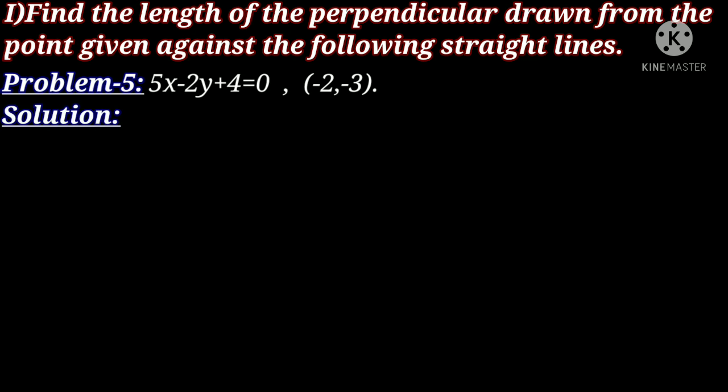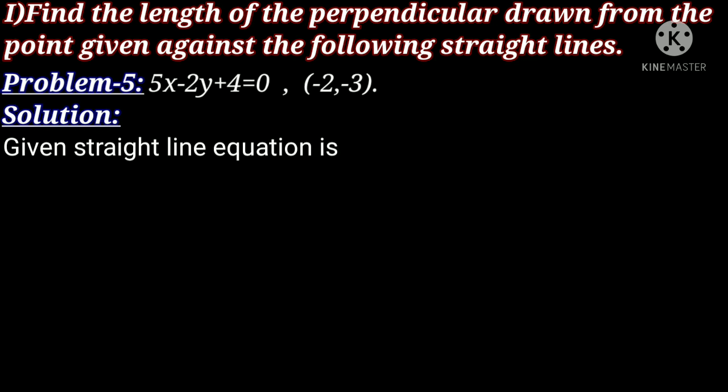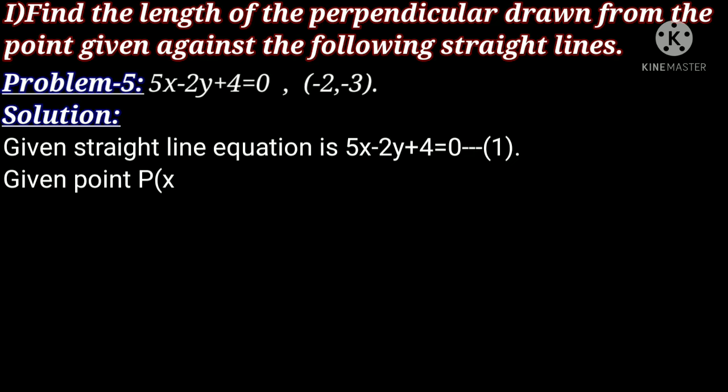Solution. Given straight line equation is 5x minus 2y plus 4 equal to 0. This is equation number 1. Given point P(x0, y0) is equal to (minus 2, minus 3). Now we have to find the length of the perpendicular from the point to the line.